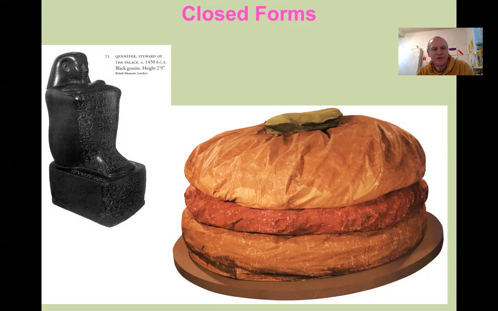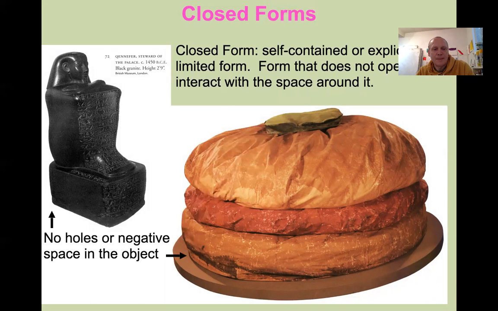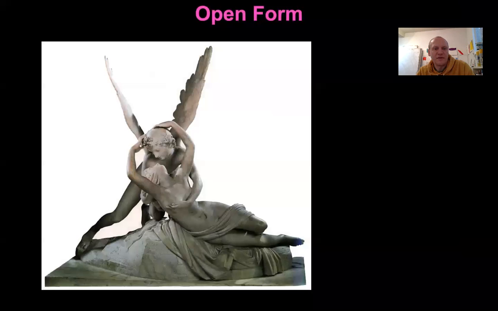So these are all contained feeling, right? They're big and blocky. There are no holes in them. No negative space, negative shape. And then we've got something like this, which is more open form.